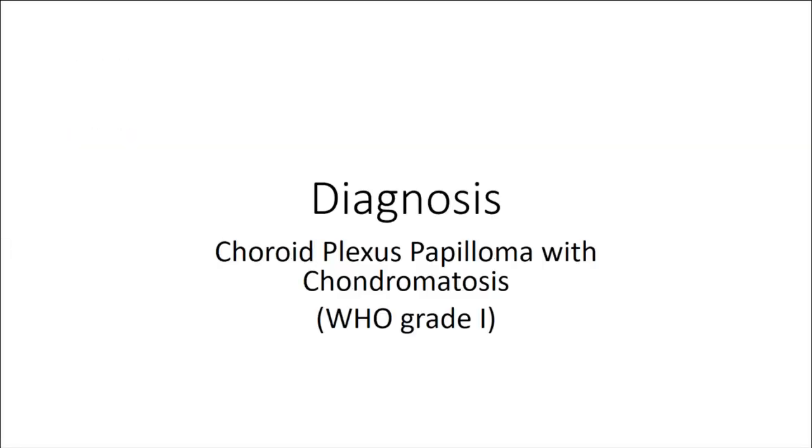So the diagnosis here actually was choroid plexus papilloma with chondromatosis, or what should be considered hyaline cartilage metaplasia. And this is a rare phenomenon, but it has been described. And as with other tumor types in the CNS, choroid plexus neoplasms can be very, very versatile. They can have metaplastic changes and other things.